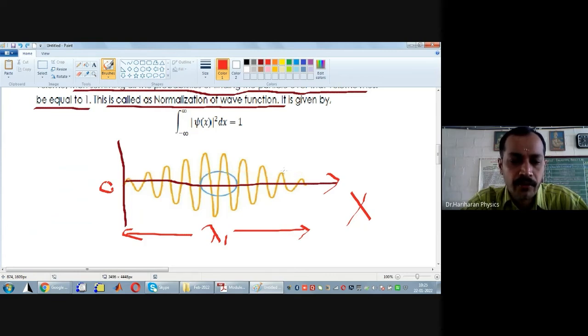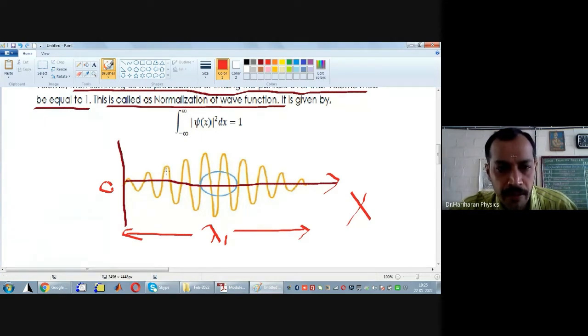Now what do I have to do? Look here, for example, at this point there may be a 20% chance of finding an electron. Here you may have a 25% chance, here there may be a 45% chance of finding an electron, and so on. Once again, I'll repeat.